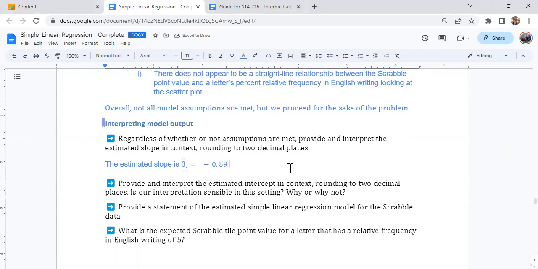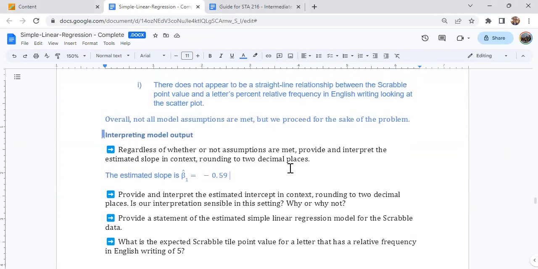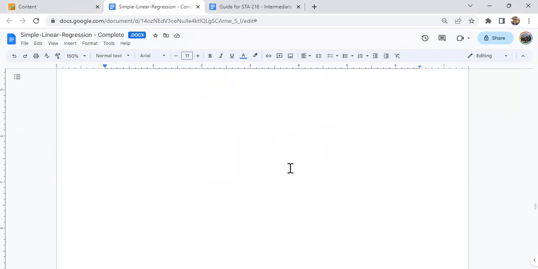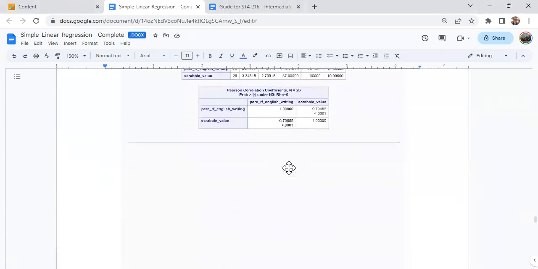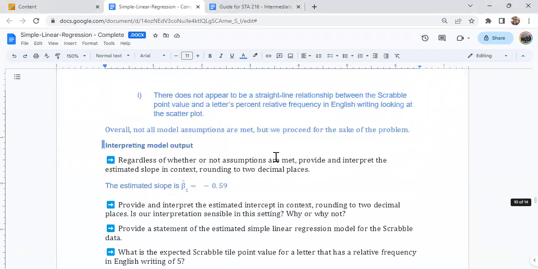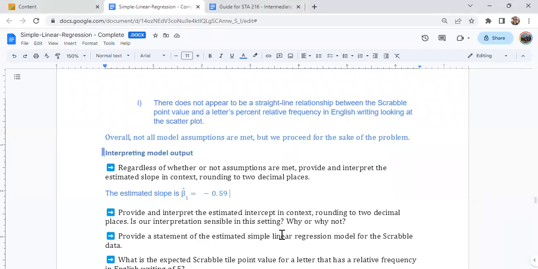Note that that's negative, which is the same sign as the correlation coefficient. If you look at the correlation, it was minus 0.7. The sign of the slope and the correlation coefficient will always match each other like that.